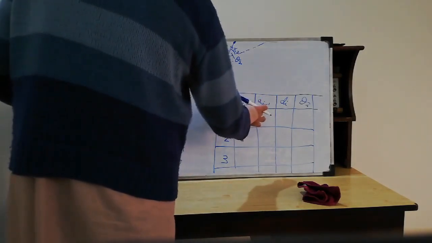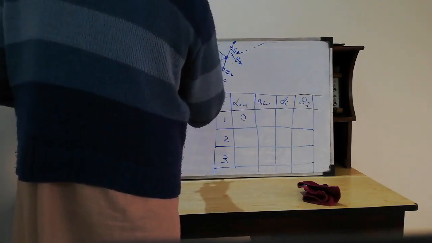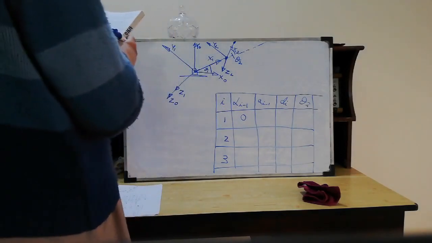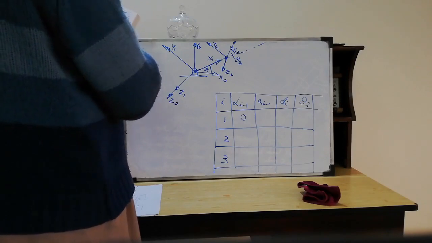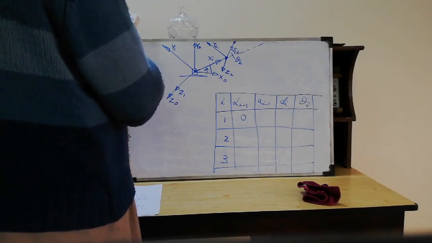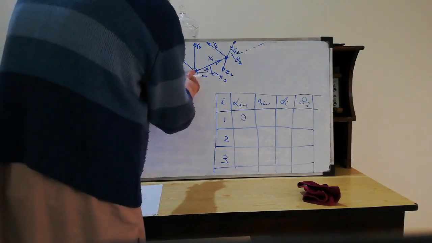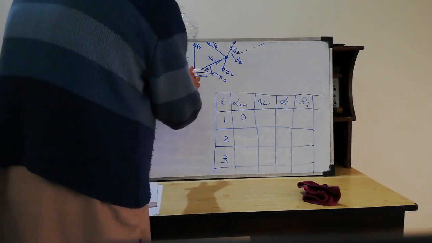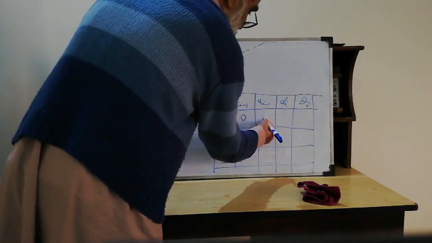Okay. What is the link length between x0 and x1? This is a i minus 1. I'm going to read through this: a i minus 1, the distance from Zi to Zi plus 1 measured along xi. So the link length between Z0 and Z1 is 0.